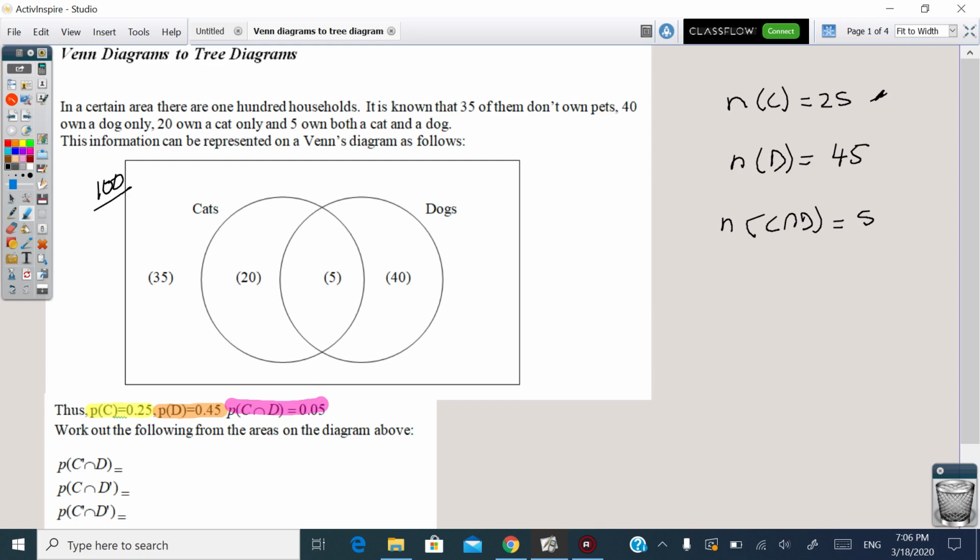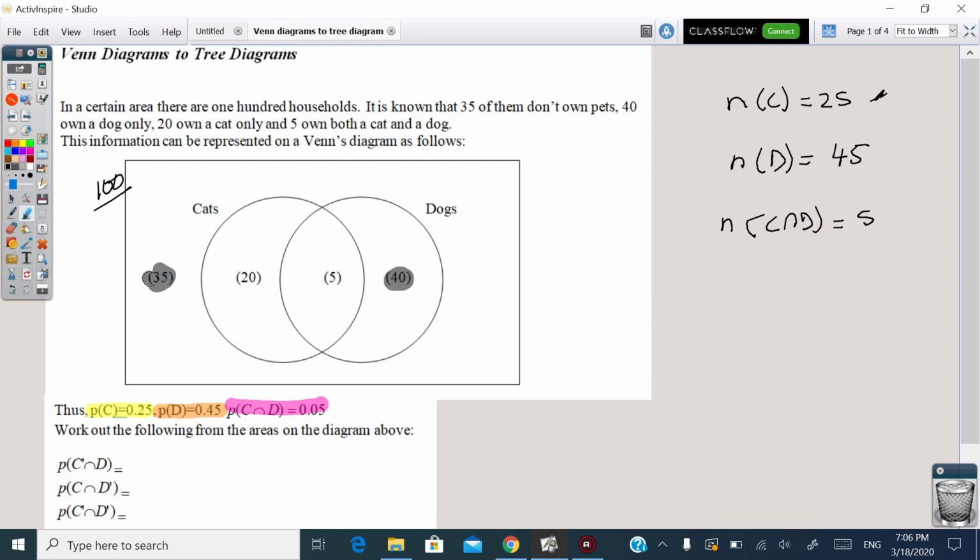So let's answer the following questions. What's the probability that somebody asked at random from this neighborhood would have no cat and a dog? No cat, we're dealing with these people here and here.